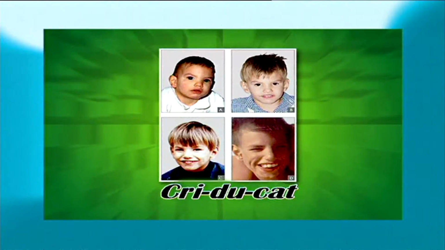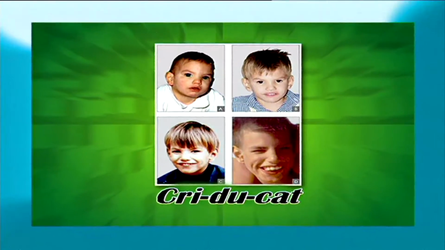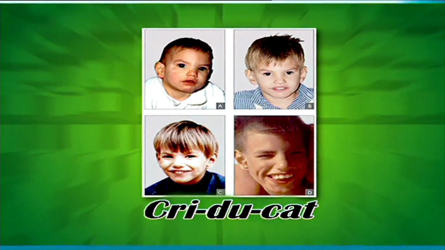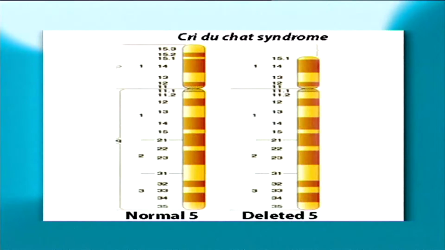One human disorder caused by heterozygous deletions is cri-du-chat syndrome, named for the distinctive cry in children due to malformation of the larynx. Cri-du-chat syndrome, which occurs in roughly 1 in every 50,000 live births, results from a deletion on the short arm of chromosome 5, one of the larger human chromosomes.